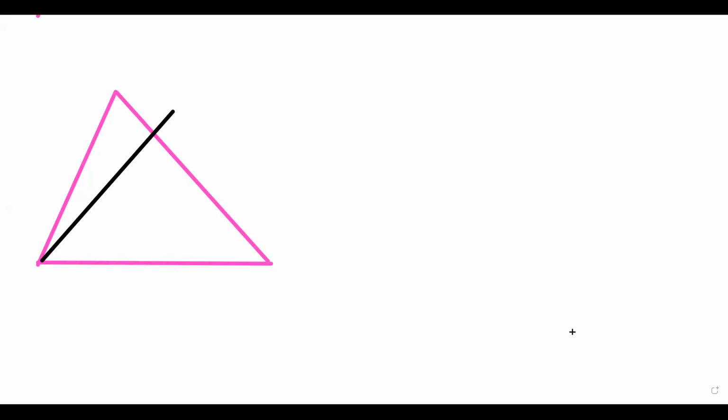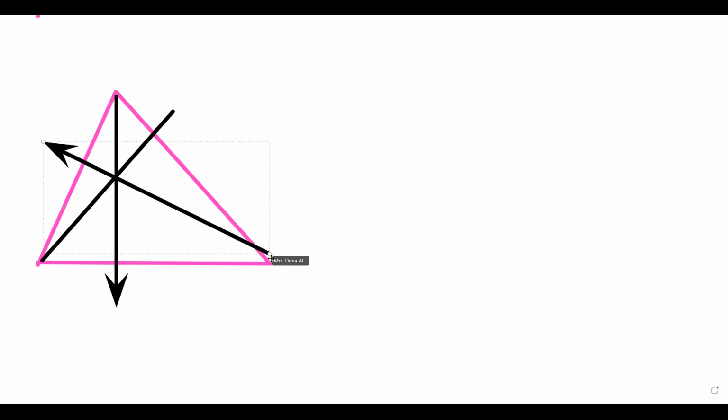Here, starting from the vertex, perpendicular to the side. And here, starting from the vertex, perpendicular to the side. These are for the acute triangle.